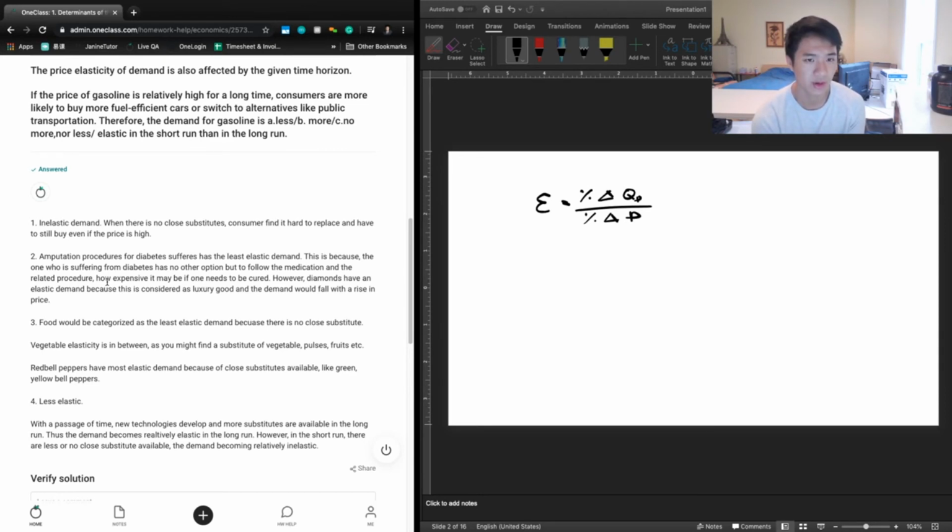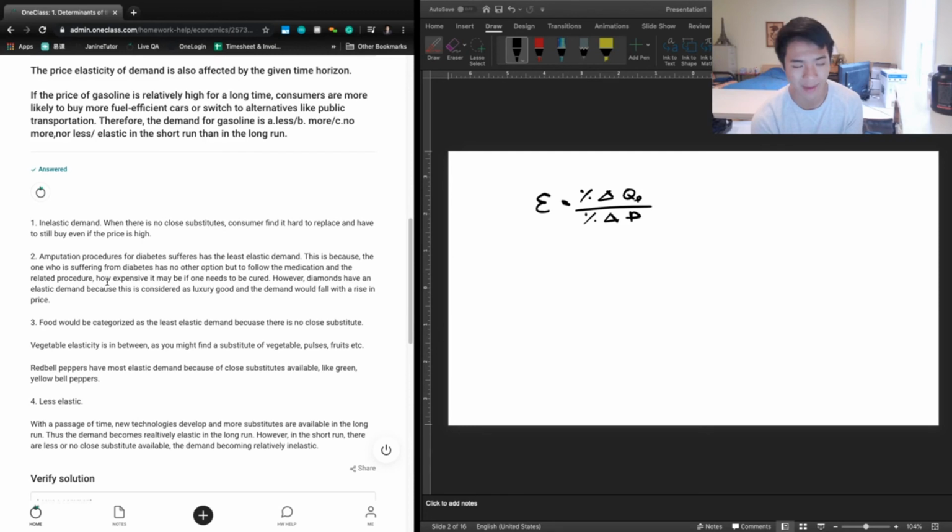What we're seeing is the question of how having a short run versus a long run horizon affects how elastic something is, and the explanation in the beginning already breaks down that in the long run, consumers have more time to adjust their long-term behavior, like buying a new car or switching their daily habits.